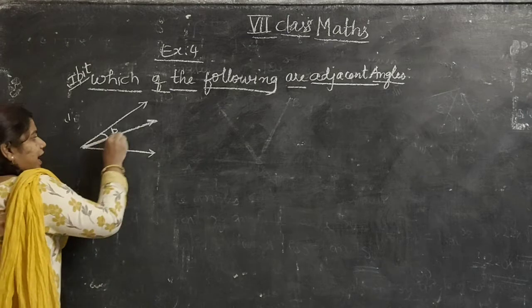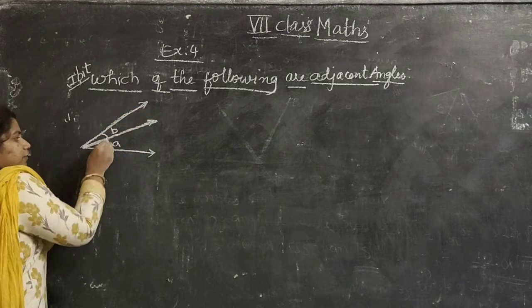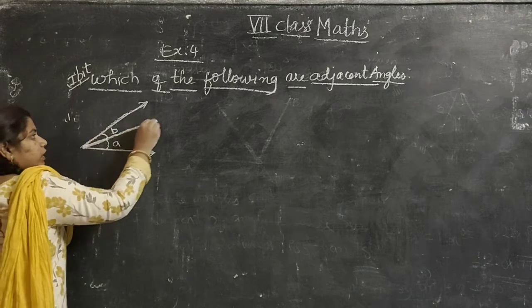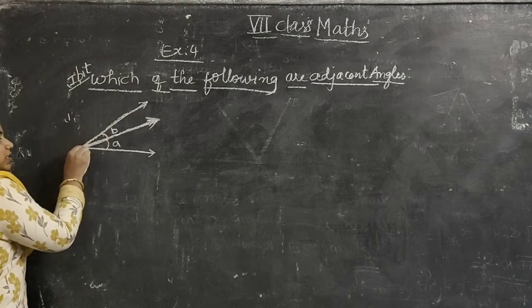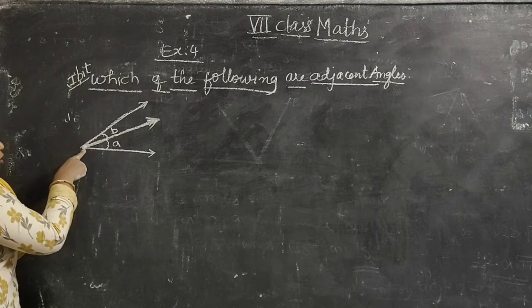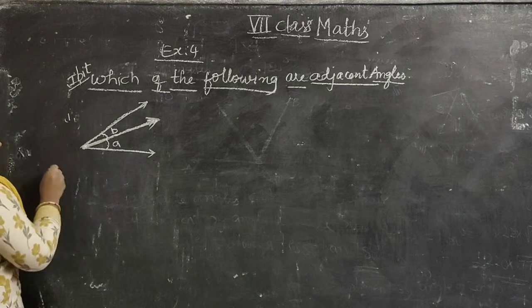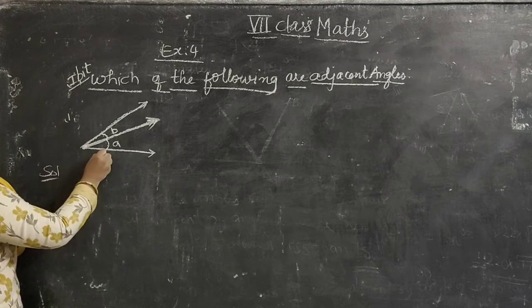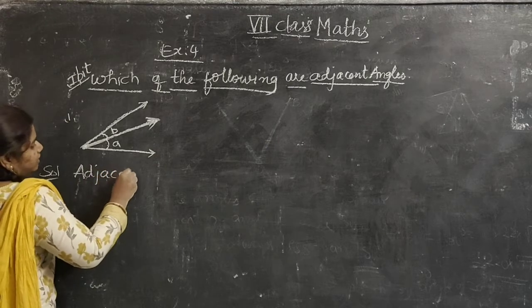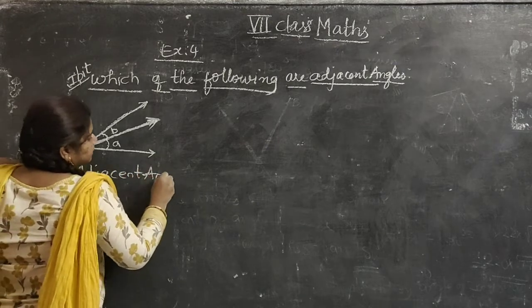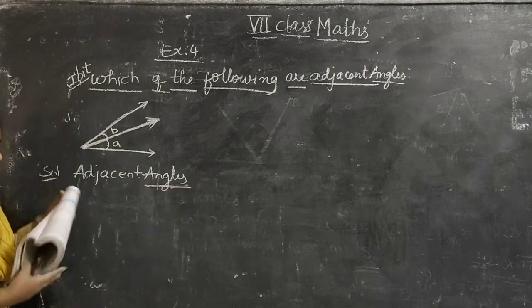This is the first angle, angle A, and this is angle B. For these two angles we have one common arm and also a common vertex. These two angles are attached at one point, which is called the common vertex. So this figure shows adjacent angles. Now the second one.